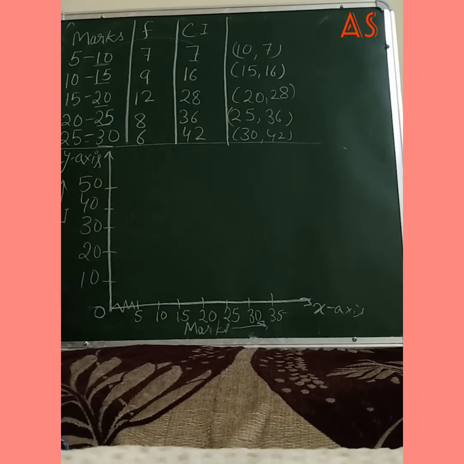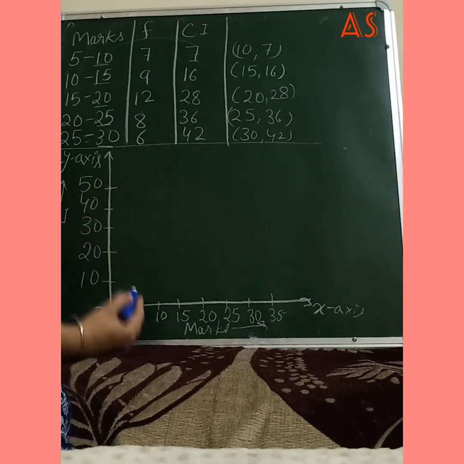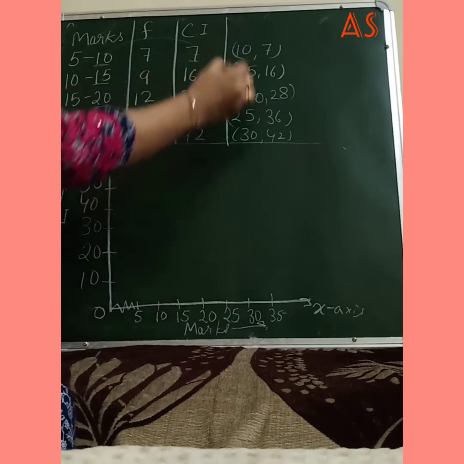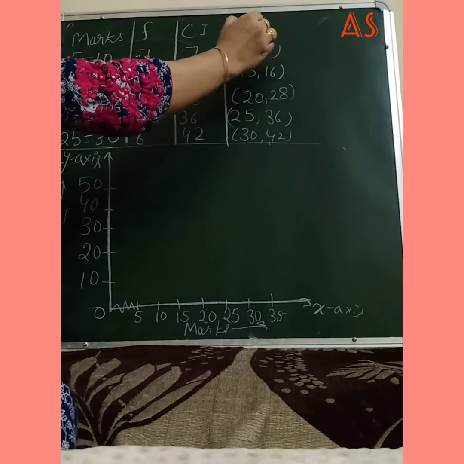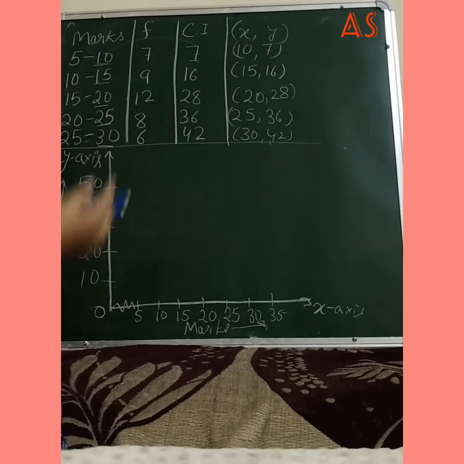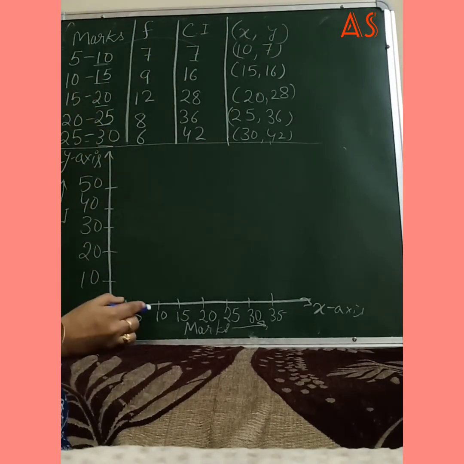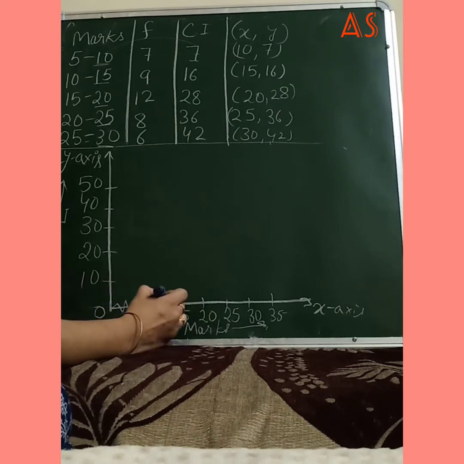Now we will draw by freehand. We will now plot our coordinates. X is your first value, y is your second value. This is the first value; you already know in a coordinate the first value is always x, the second value y. So the x value is 10 and the y value is 7. 7 is below 10 on the axis, so x is 10.